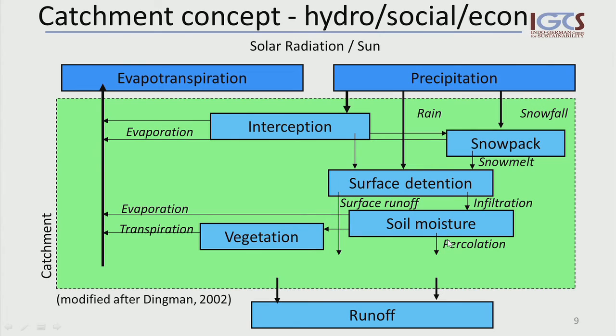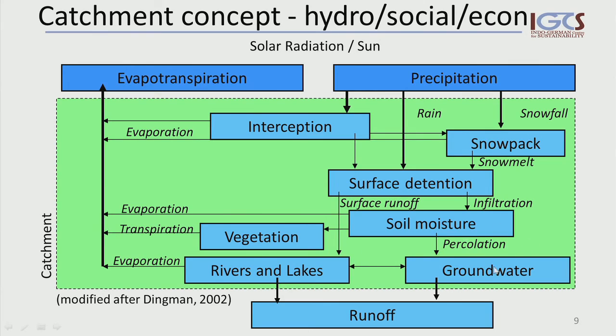And some of this water from our soil moisture, from our unsaturated zone, will reach the groundwater, the saturated zone, and remain in our groundwater storage for a longer period, and again eventually join our runoff out of our system, our catchment.